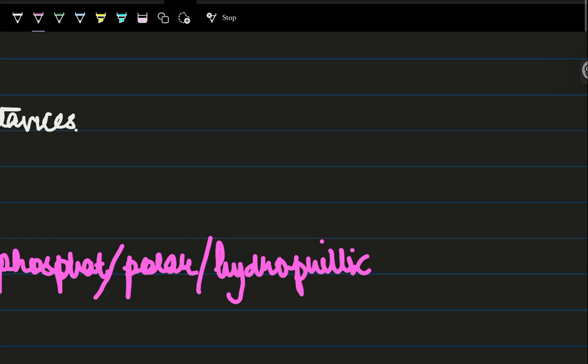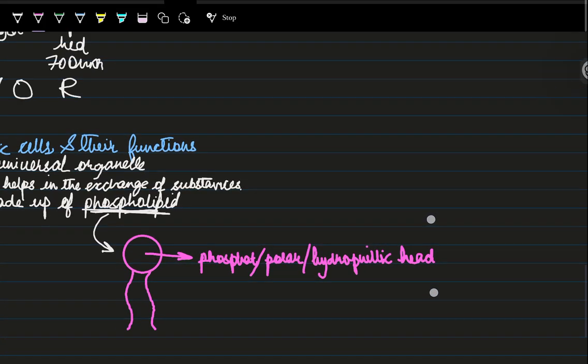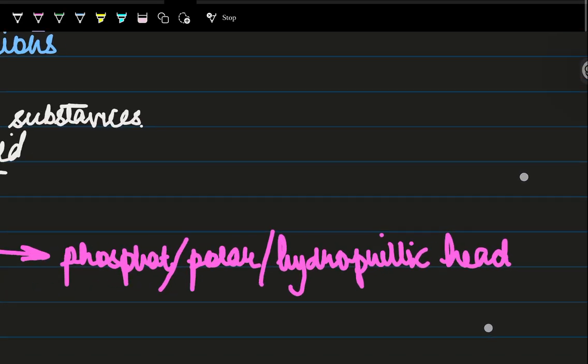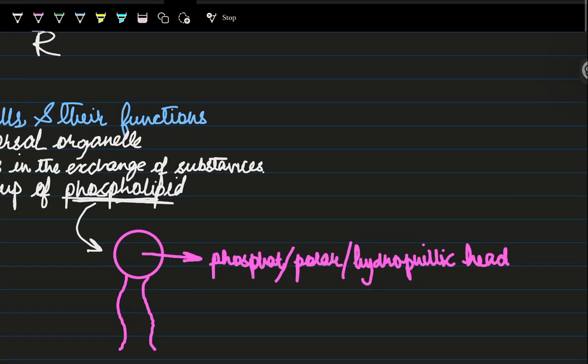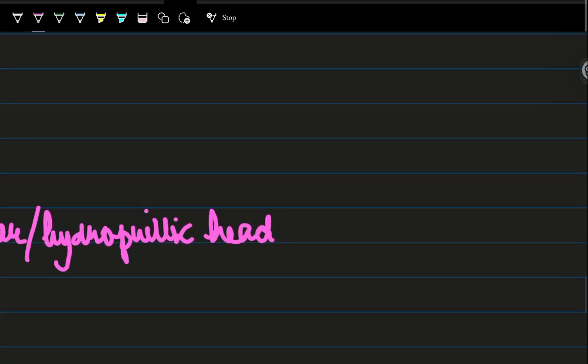The head is made up of phosphate ions, written as PO4 3 minus.